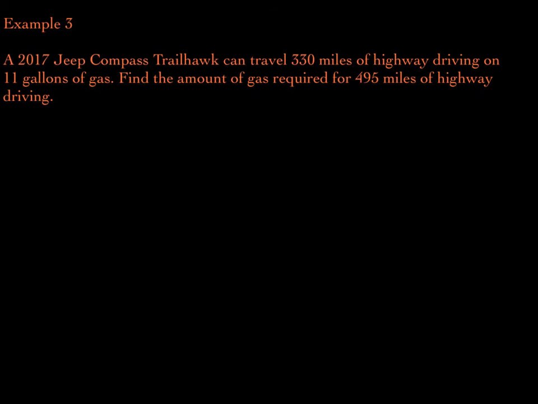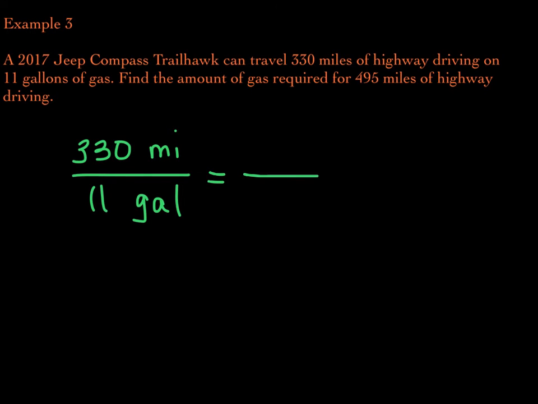They said this Jeep can go 330 miles on 11 gallons of gas. So there's my ratio, 330 miles for every 11 gallons of gas. And I'm going to say that this is equal to, this is me setting up a proportion.